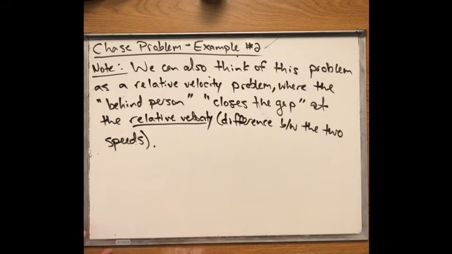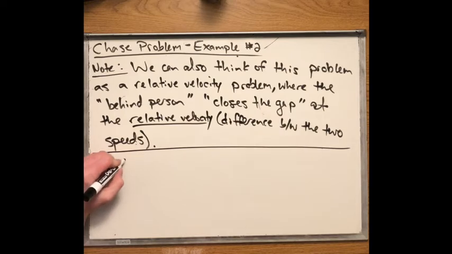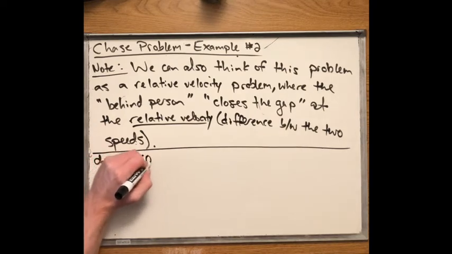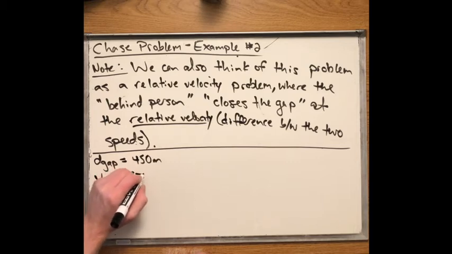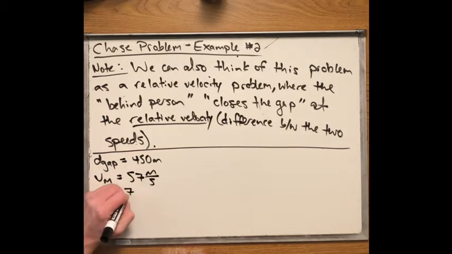So let's see how that works. The gap distance is 450 meters. The speed of the motorist is 57 meters per second. The velocity of the police officer is 73 meters per second.